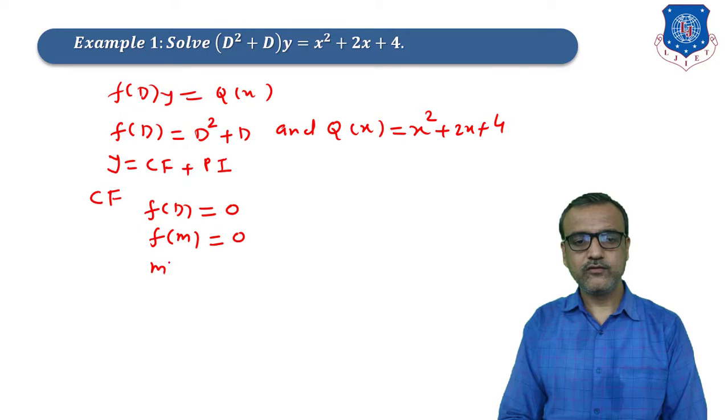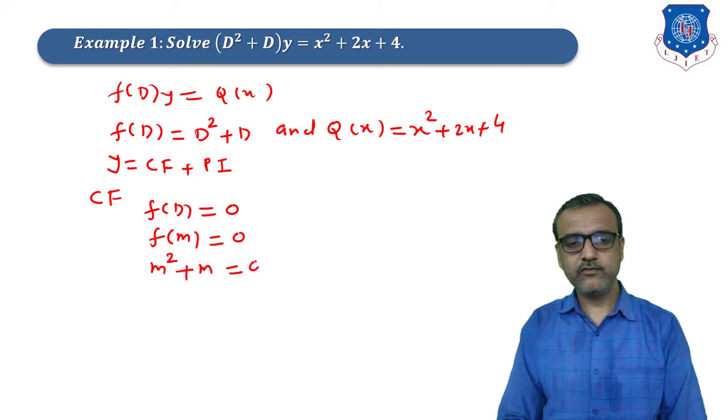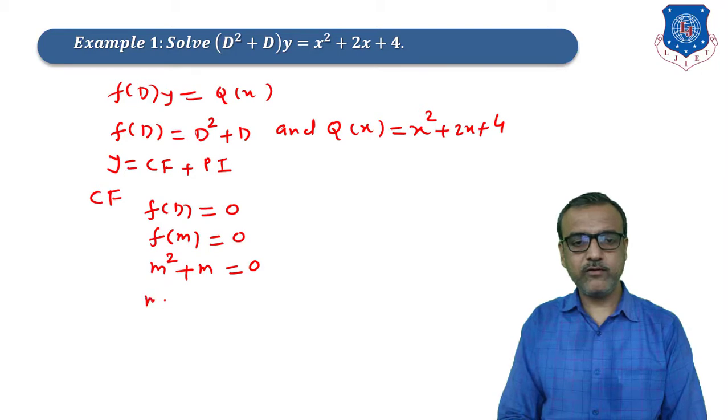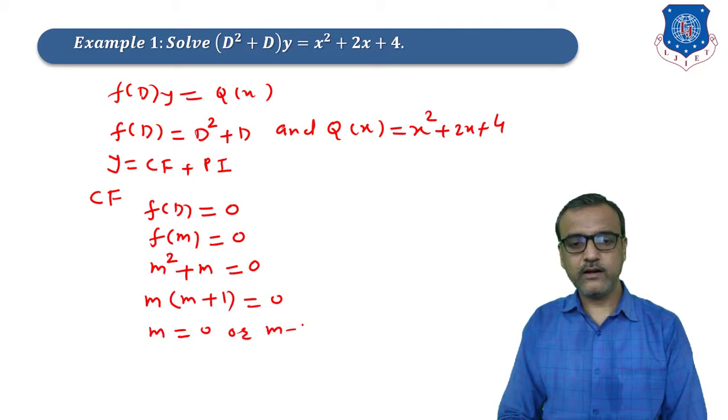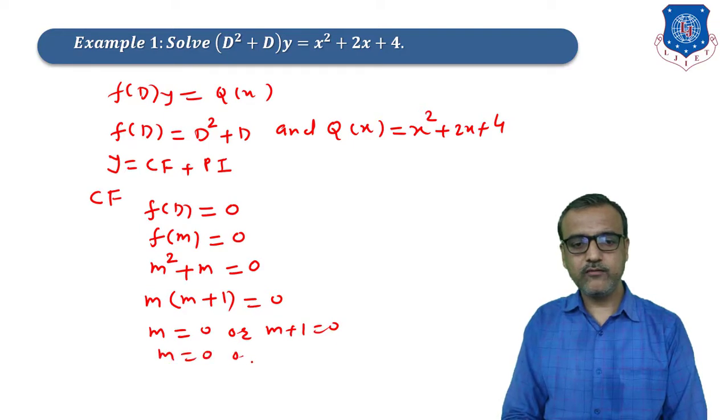So we have m square plus m equals 0. Now from this equation we will find the values of m. Taking m common, into bracket we have m plus 1 equals 0. So we have m equals 0 or m plus 1 equals 0, so m equals 0 or m equals minus 1.